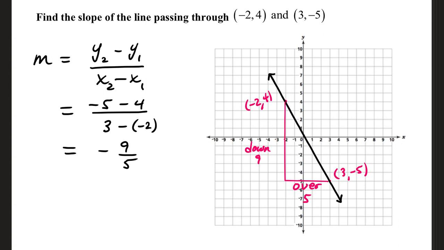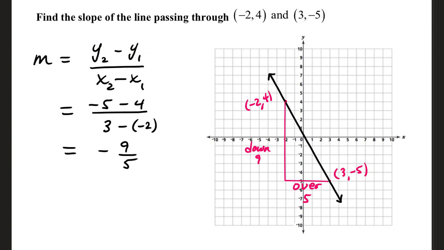To get the value for our horizontal run, we're going from -2 over to 3, which is a total distance of 5. So we have to go down 9 over 5. That's all we need to know for our slope. That's -9/5. But as a reminder, when you subtract your y values, you're finding the vertical change.